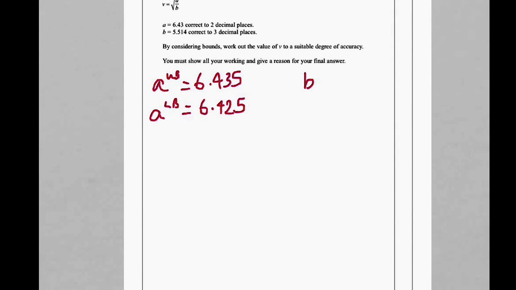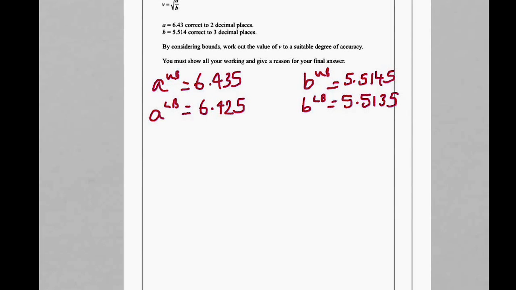And the b value, the upper bound, is equal to 5.5145, and the lower bound for b is equal to 5.5135. Now I'll get some marks for doing that. What I need to work out is the smallest possible value that v could be, and also the biggest value.